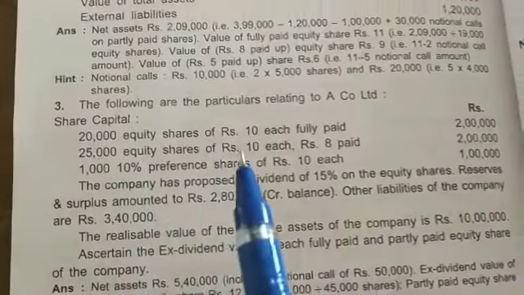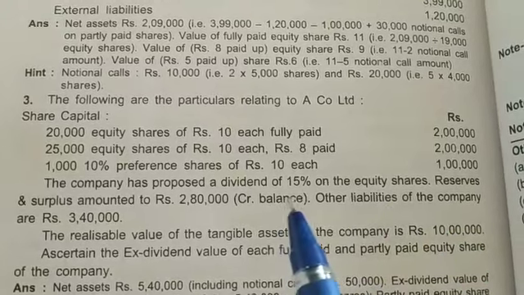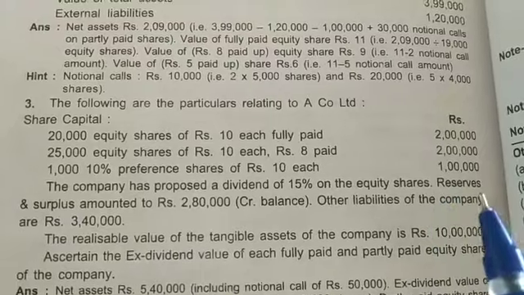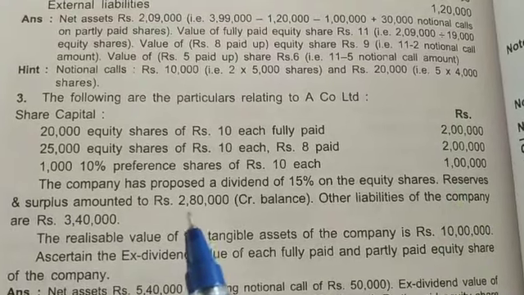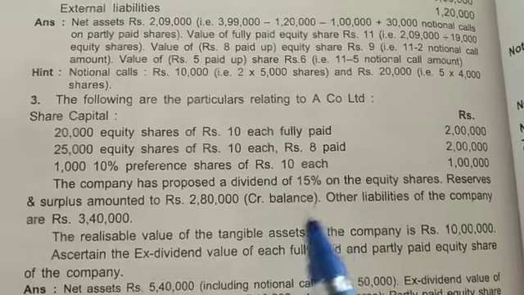See, there is also other information given. The company has proposed a dividend of 15% on the equity shares. Reserves and surplus amounted to 2,80,000, which is a credit balance, ignore that one.